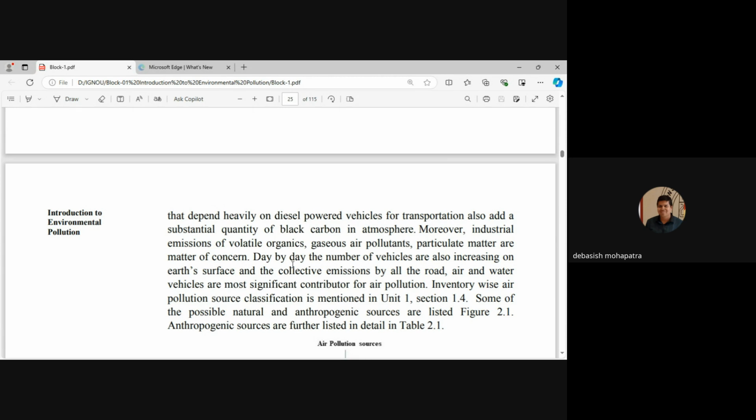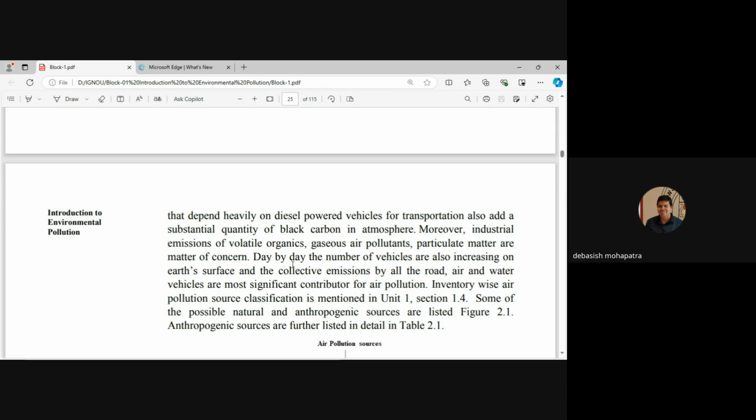Moreover, industrial emission of volatile organic gaseous air pollutants and particulate matter are a matter of concern. Day by day, the number of vehicles is also increasing on Earth's surface, and the collective emission by all the road, air, and water vehicles is the most significant contributor to air pollution. Inventory-wise, air pollutant source classification is mentioned in the unit.